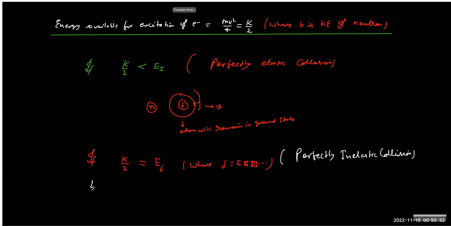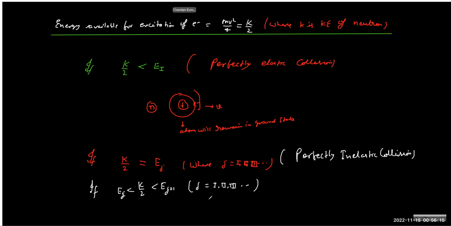And comes case 3. If K/2 is more than some excitation energy E_j and less than E_(j+1). What will happen here? Let's say K/2 is more than E1 but less than E2.